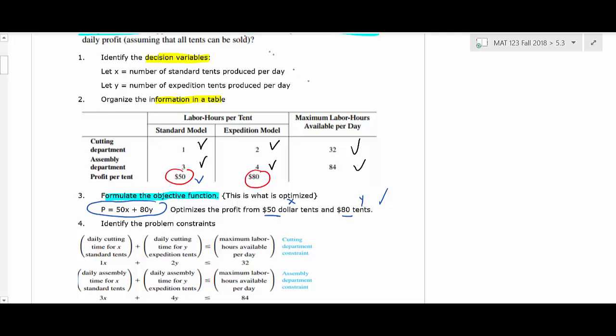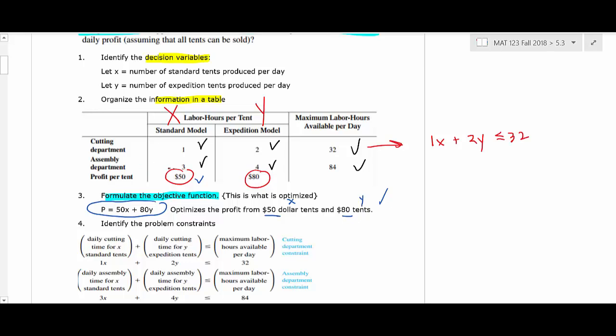Now your inequalities go like this. If you organize the chart, the standard model's x, the expedition's y. So the first row is just going to be 1x plus 2y less than or equal to 32. You have at most 32 labor hours.